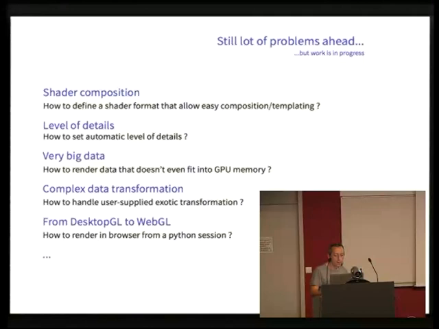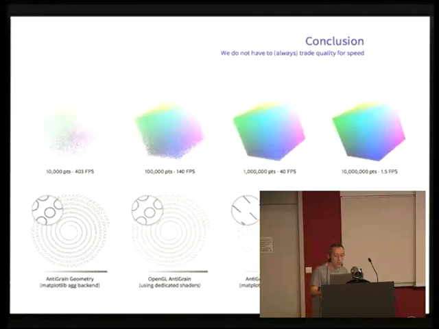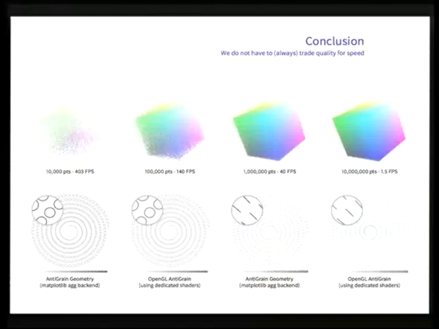It's not that easy. So just to conclude, and I will try to show some demos, with modern OpenGL we can have speed and quality. Again, these are some examples. We can now have 10 million points.